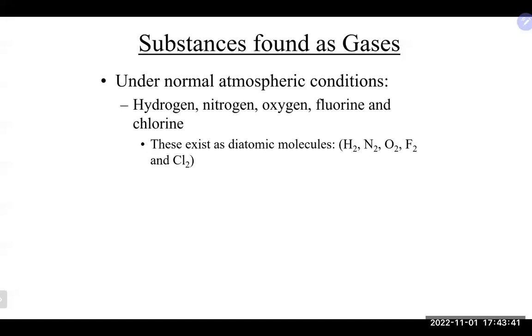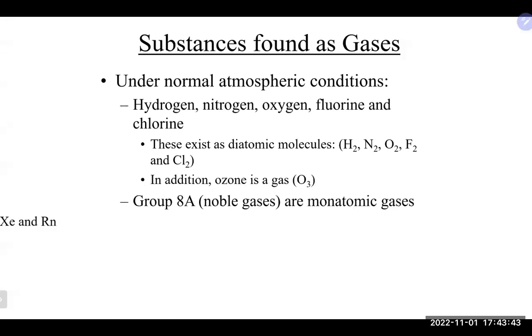So substances that can be found as gases, some of these we should hopefully know. Obviously, a lot of those diatomic elements that we talked about way back when, those guys are gases. So hydrogen gas, nitrogen gas, oxygen gas, fluorine, and chlorine gas. Ozone is also a gas.